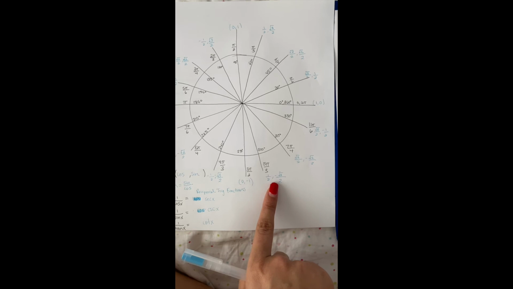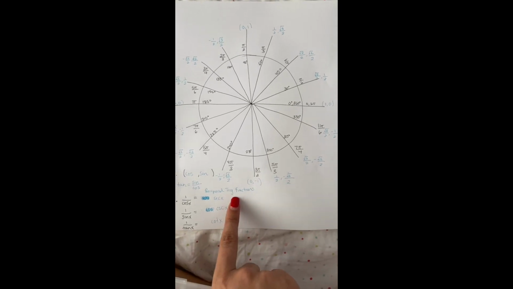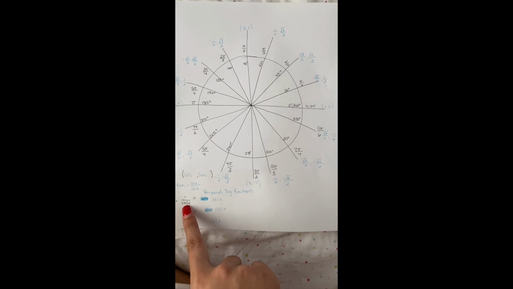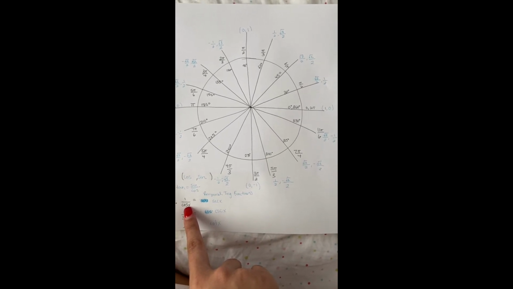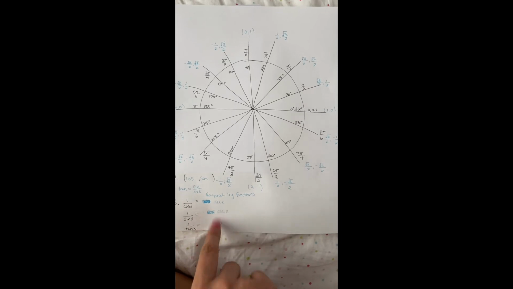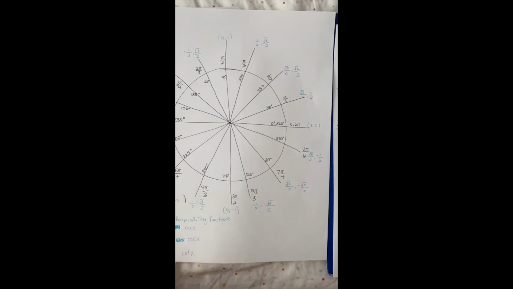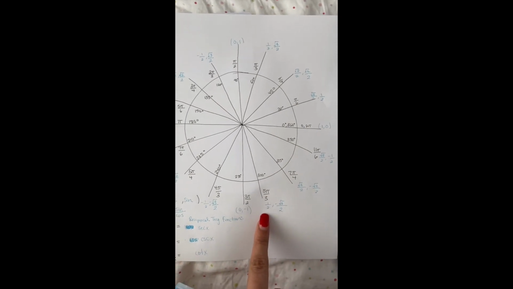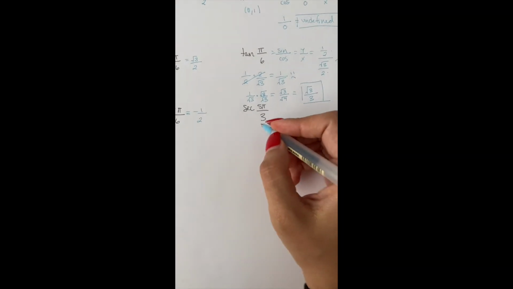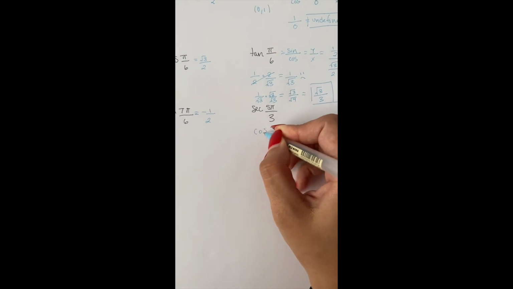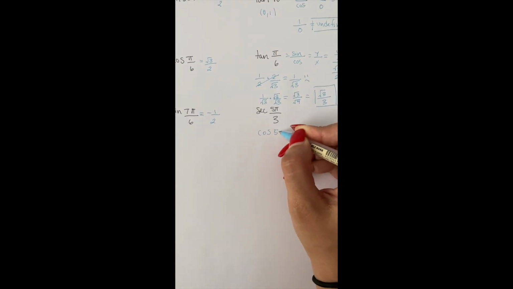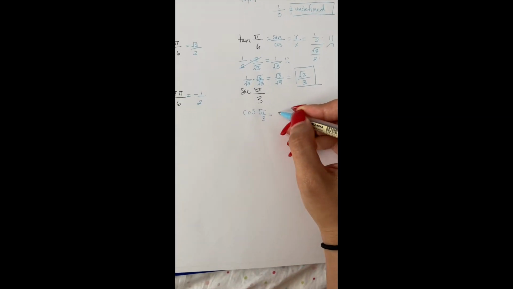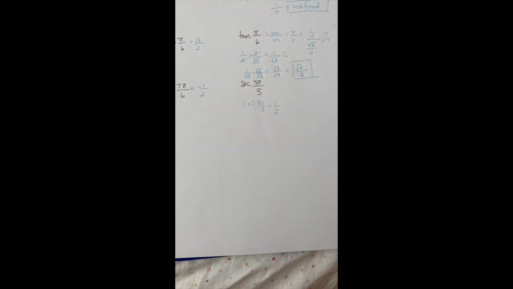Now we're looking for secant. So you want to remember for your reciprocal trig function, secant is 1 over cosine. So you want to identify, first of all, cosine of 5 pi over 3, then flip the fraction to get secant. So cosine of 5 pi over 3 is the x value, right? So let's just go ahead and write that we know cosine of 5 pi over 3 is 1/2, right?